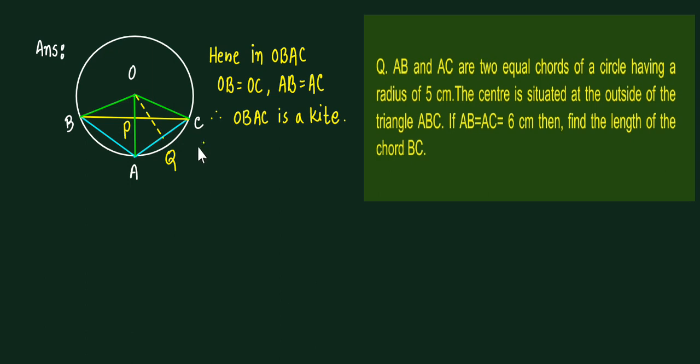So we can write, therefore, these two are the diagonals, that is OA and BC are the diagonals.